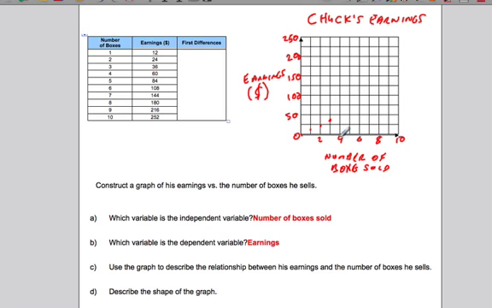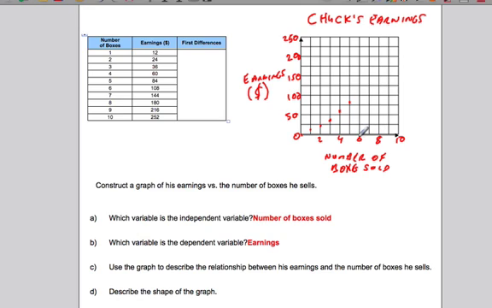And if he sells four boxes, he's going to earn $60. And 60 would just be below halfway because halfway between 50 and 75 is 62.50. For 5 boxes, it's $84. So that's 75, somewhere in that neighborhood.